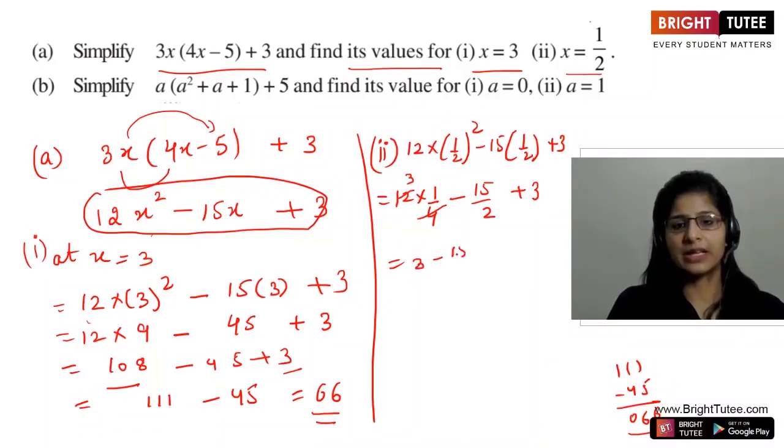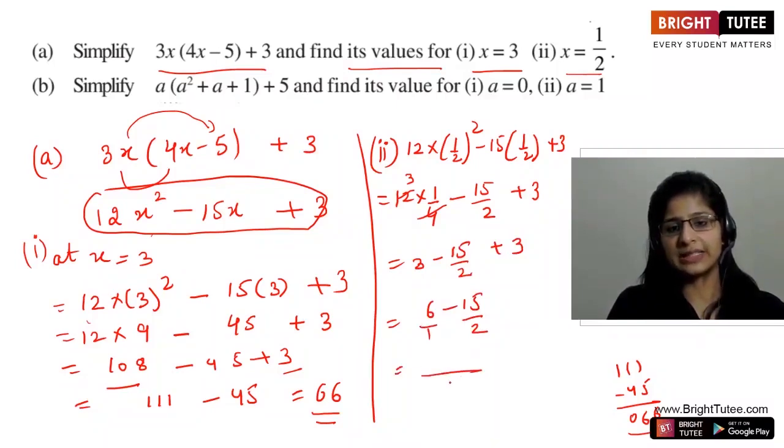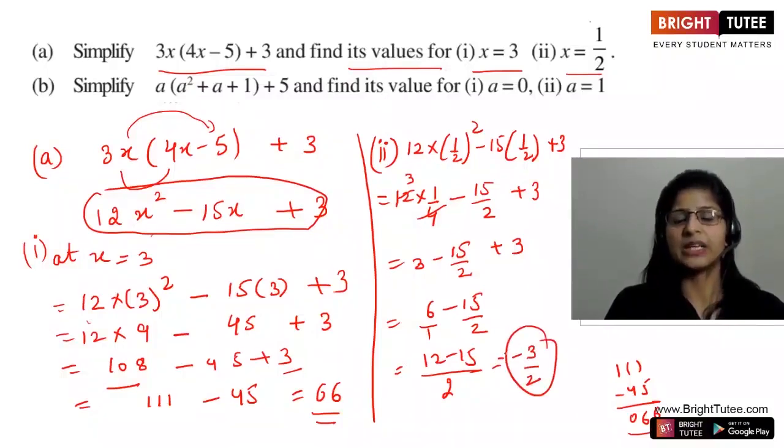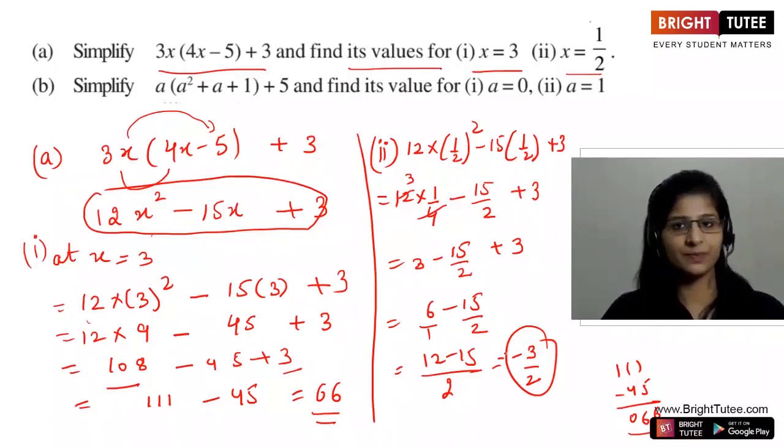So 3 minus 15 upon 2 plus 3. So we get 3 plus 3 is 6 minus 15 upon 2. You can take 2 as the LCM. So 12 minus 15, we get minus 3 upon 2. Is that clear? So these are the values of these expressions when they are simplified, and we put x as equal to 3 in the first part and x equal to 1 upon 2 in the second part.